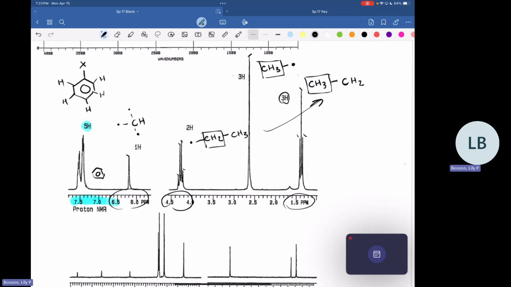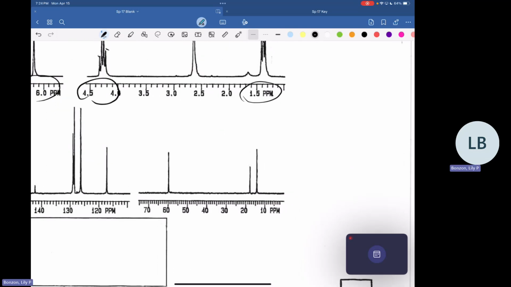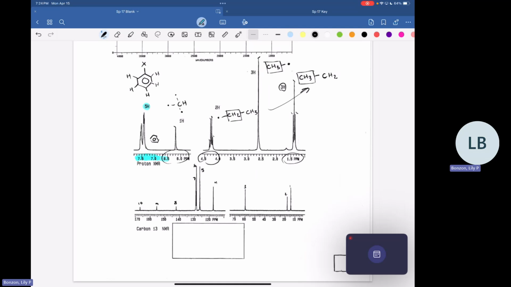One more thing I want to look at is the carbon NMR. So just count the number of carbons that we have. We have 1, 2, 3, 4, 5, 6, it looks like 7, 8, 9, 10. So we've got 10 unique carbons.